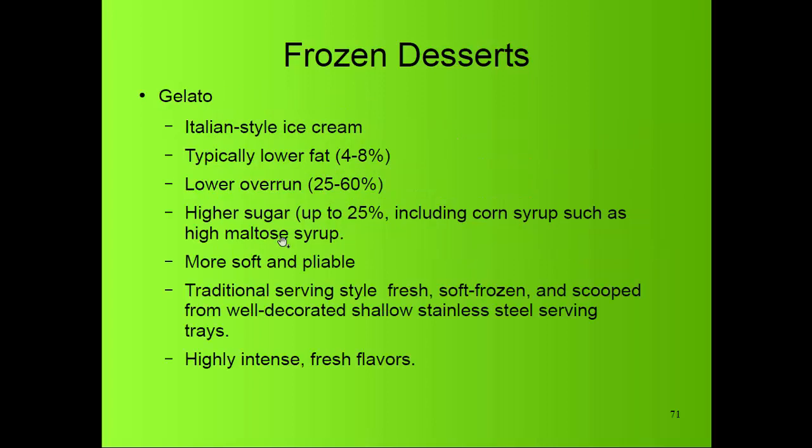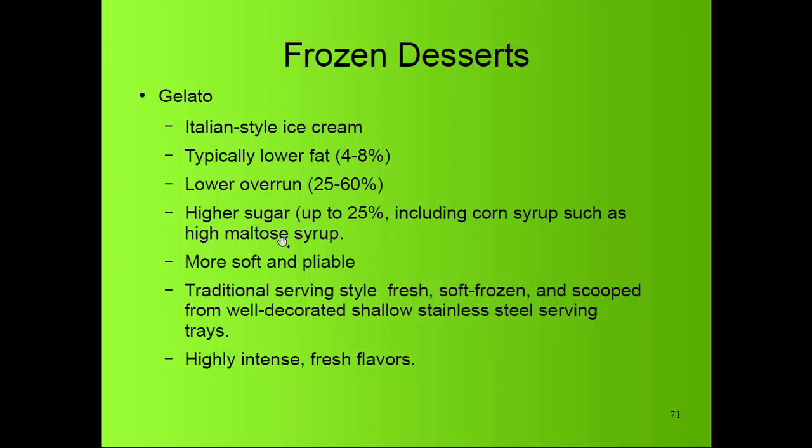How about gelato? That's Italian style ice cream, and it's typically lower fat, so it's 4 to 8%. It has a lower overrun, so less air whipped into it, but it has higher sugar, up to 25%, including corn starch such as high fructose or high maltose syrup.